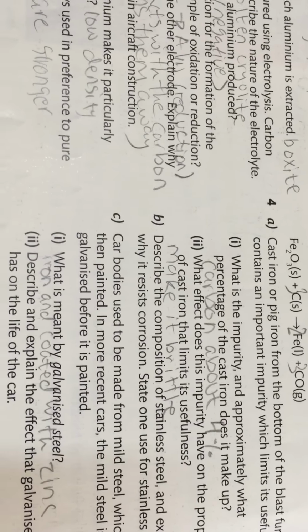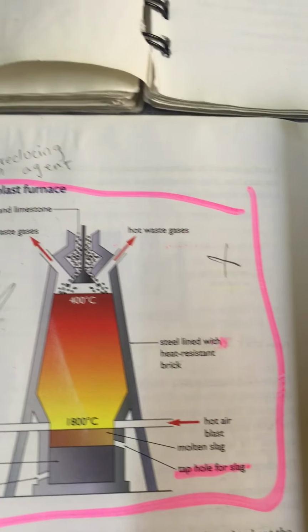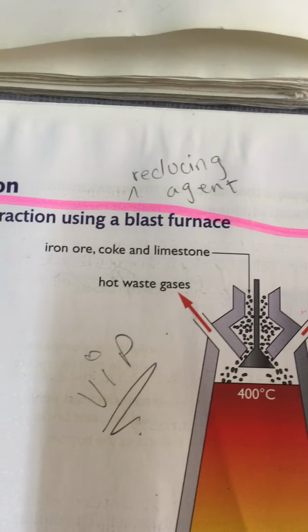I finished revision for chapter 17. What I want from you again is to know all the things that I highlighted, and this we did in the class. Okay, uses of aluminium are important. How we can label this electrolysis cell is important. The blast furnace and what things are added, and what we use each one for, is important.